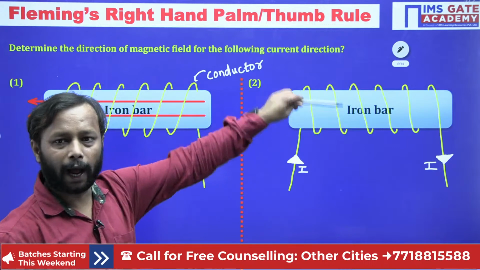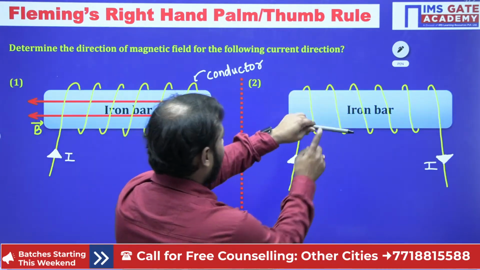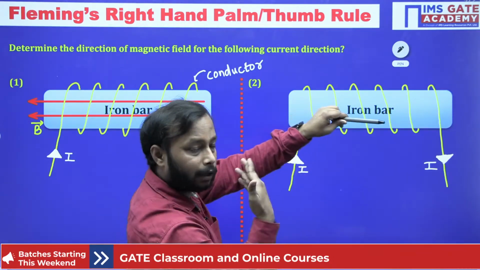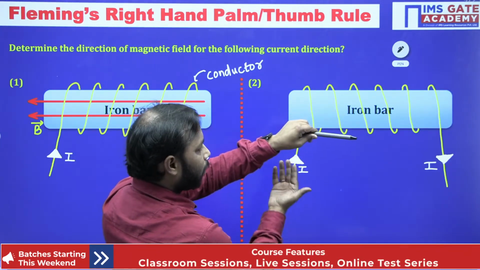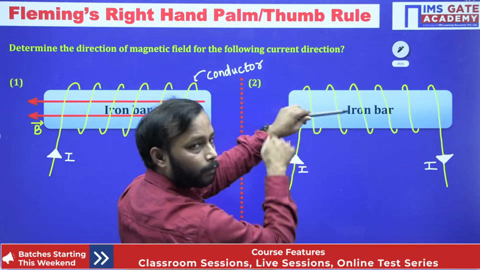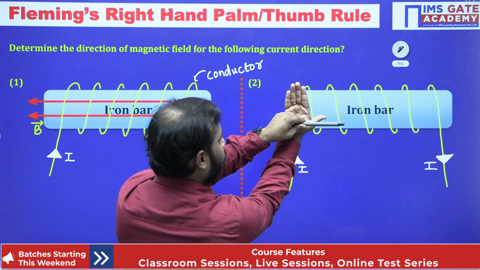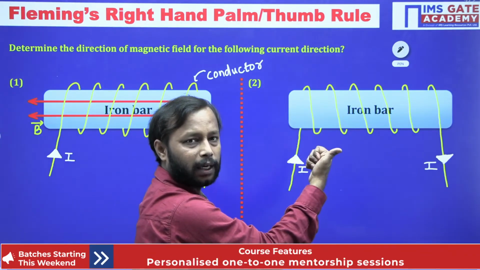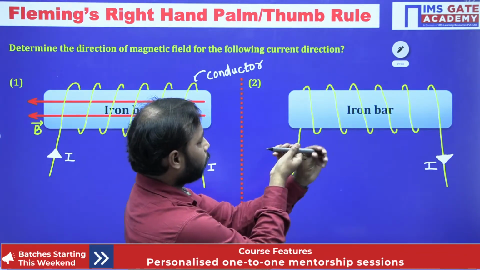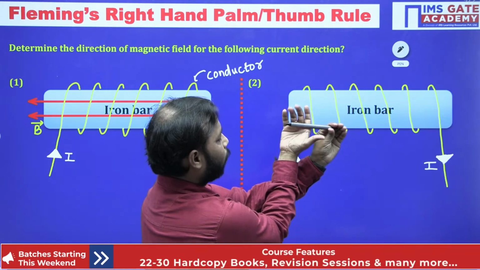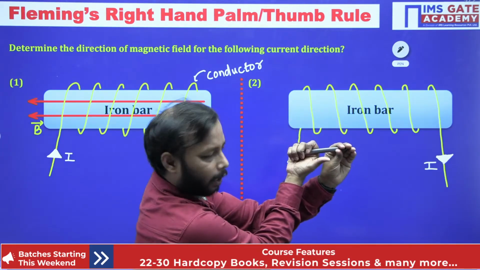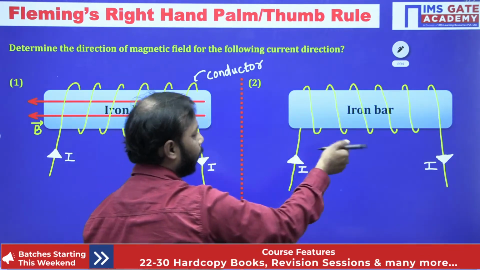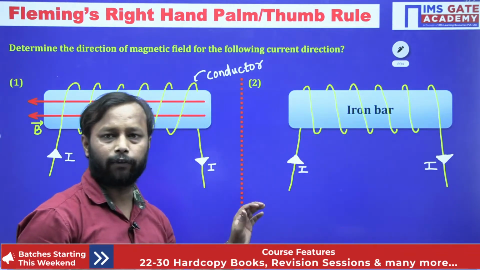So this is your iron bar, and at this time the current is coming from the back side to the front side. So this thumb shows the direction of magnetic field. So this time it is from left to right.